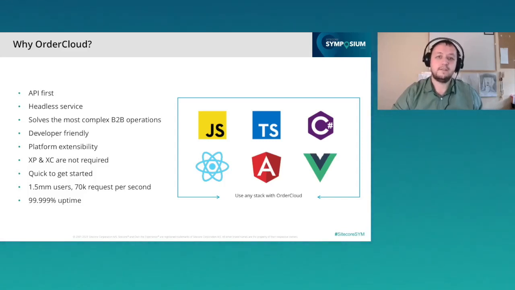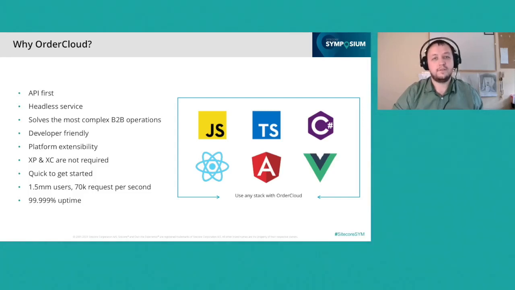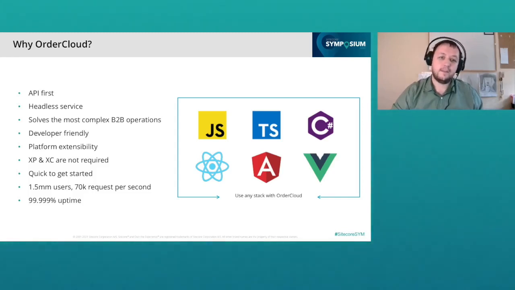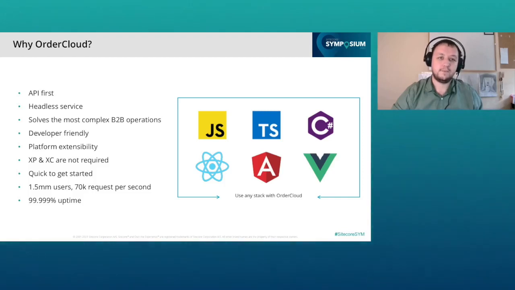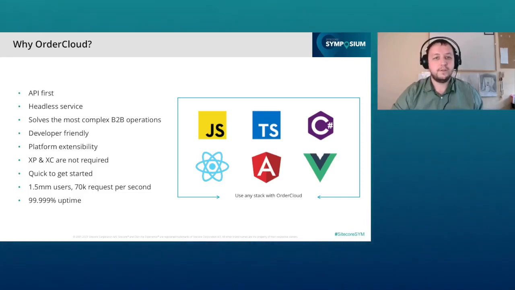XP or XC is not required at all. OrderCloud provides a starter site called Headstart, so you don't have to start your project from scratch. Besides that, it's stable and performs pretty well under such a big load. Statistics from last year say it had 1.5 million active users and can serve 70,000 requests per second.